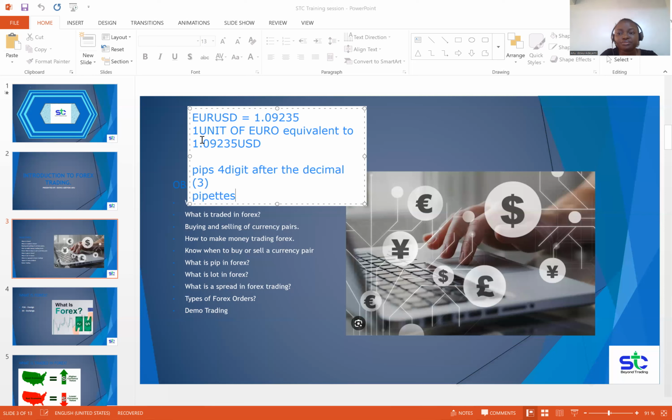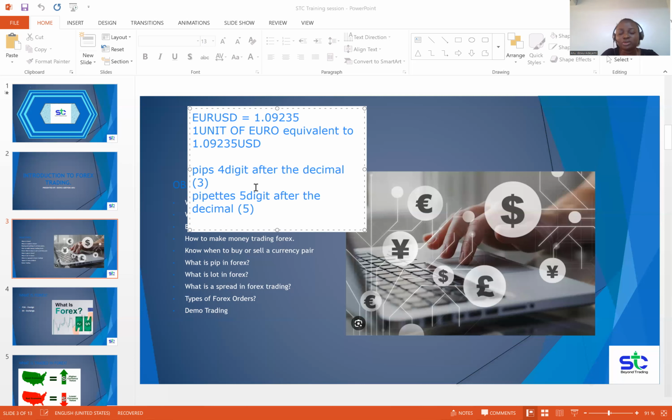Most of the time, it's not all brokers that use the pipette, but the pipette is always the 5th digit after the decimal. From this example, we have the 5th digit to be 5.